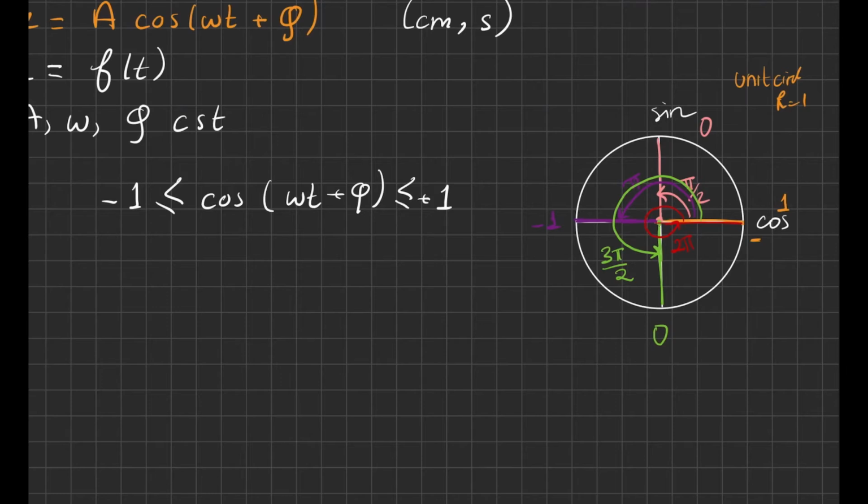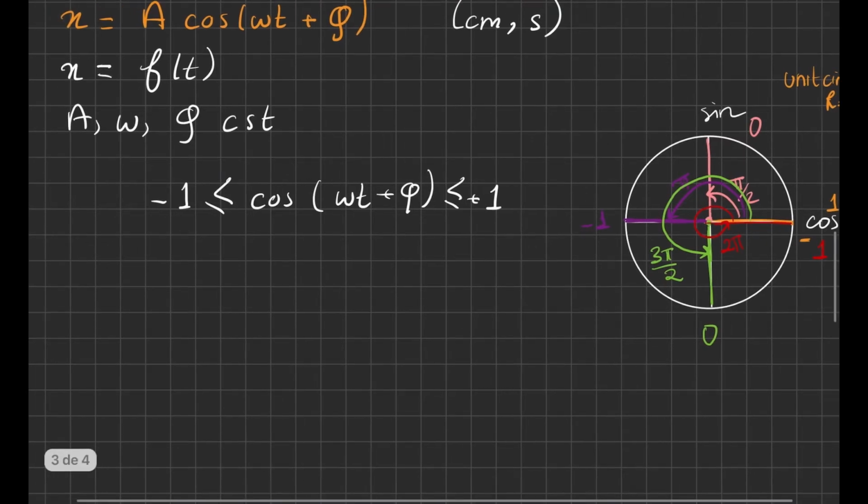Again, the angle here is the same as having the angle 0, and the cosine of 2 pi would be 1. So you can see that over a full circle, the value of cosine alternates between 1, 0, and -1. So the value of cosine is bounded between -1 and +1.